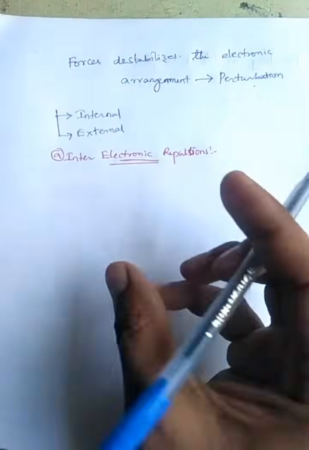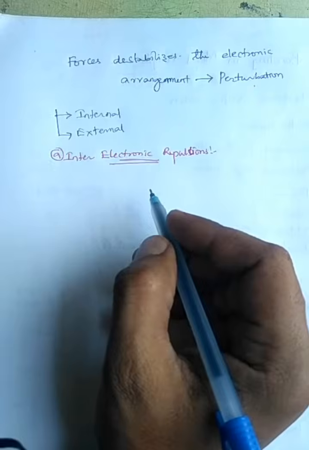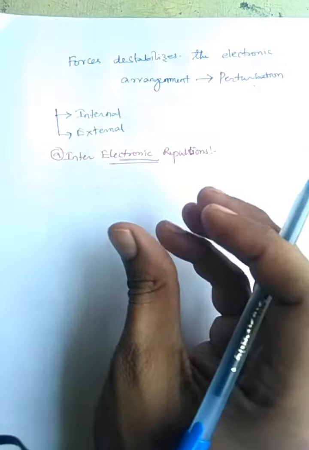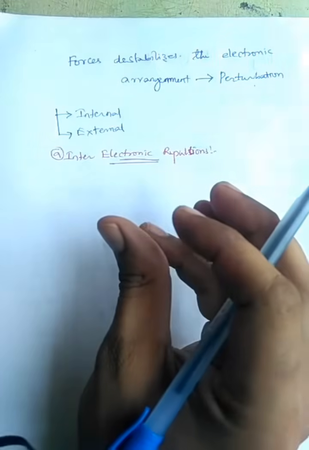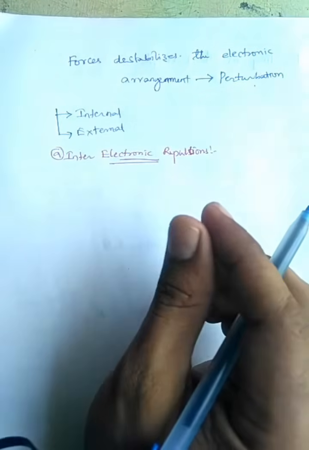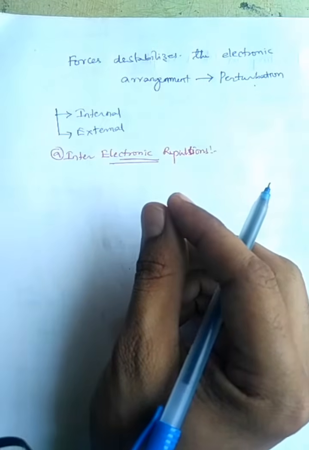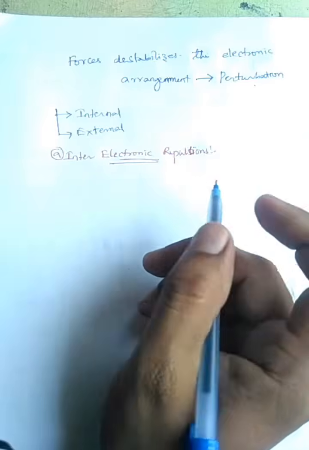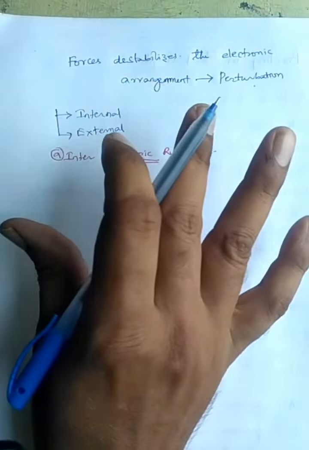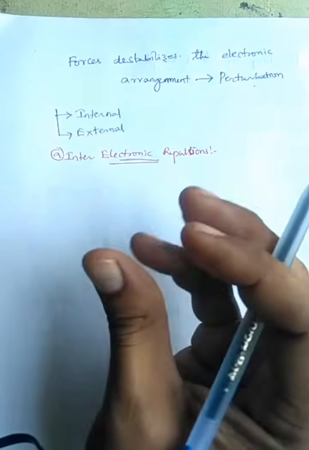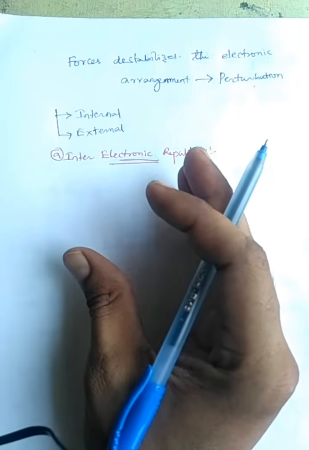Once we see, we have to come to know how minute the atom size is and how short the electron distance is. Generally we can see only the materials, right?